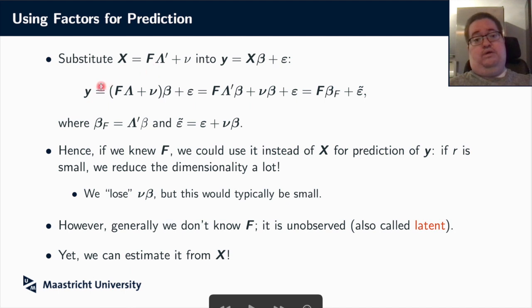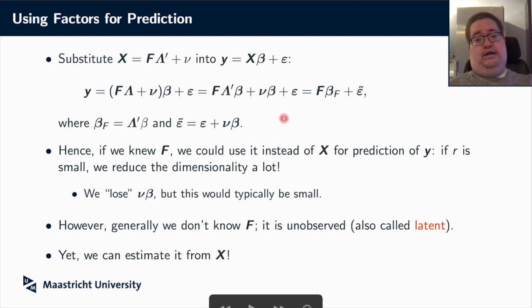Then we can just plug this factor expression in, and you'll see if you write things out that you get a product of coefficients, lambda prime beta, which you could just write as the single vector of coefficients beta_f. So we could write y as F times beta_f plus a new error term, which is composed of the original error term and the idiosyncratic components multiplied by the betas.